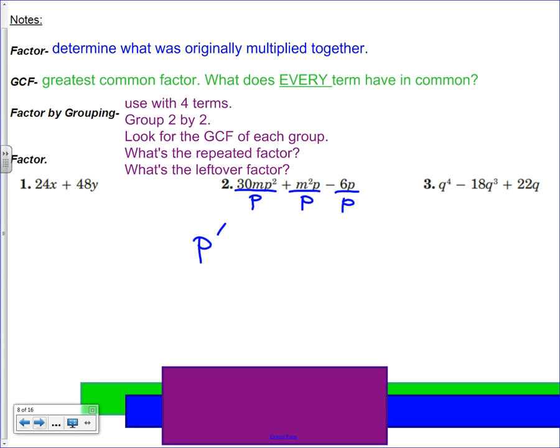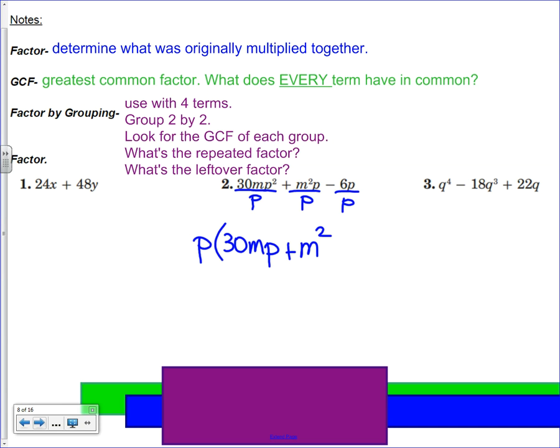Wonderful. So if I didn't take a number out, this 30 just gets dropped in. If I didn't take an M out, that M just gets dropped in. Now, what about my P's? Just 1, because this is a 2, this is a 1, 2 minus 1 is 1. Then I have a plus sign. Again, I took no M's out, so this M squared is getting dropped right in there.